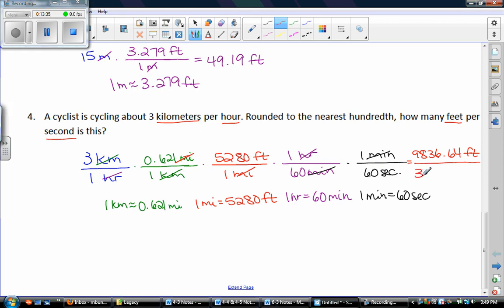So that's 3,600 seconds. And then to actually give it as a unit rate, how many feet per second, we'll go ahead and divide these so that we get a denominator of 1. And 9,836.64 divided by 3,600 is approximately equal to 2.73 feet per second.